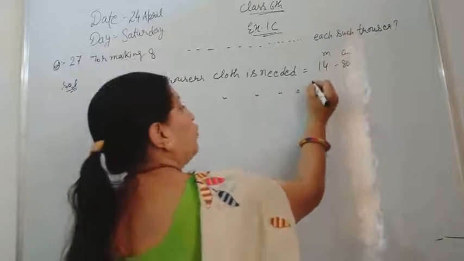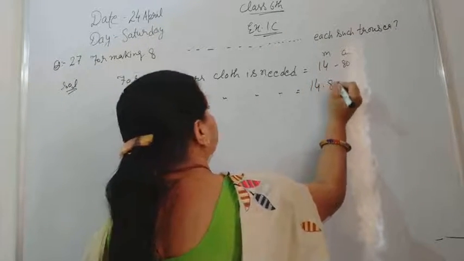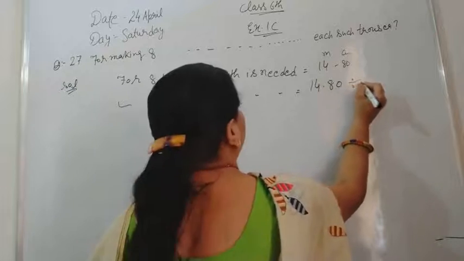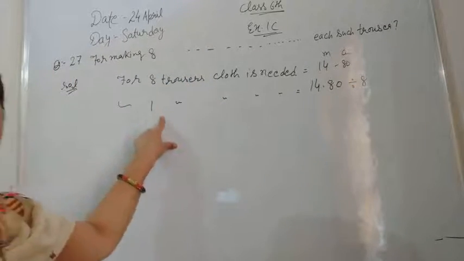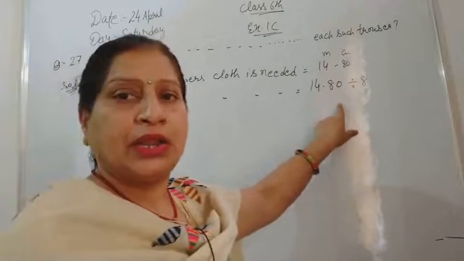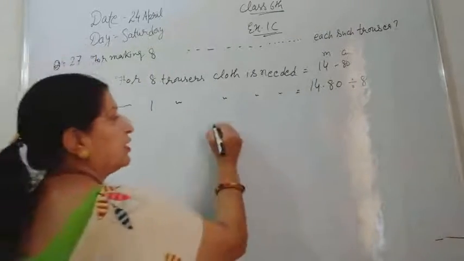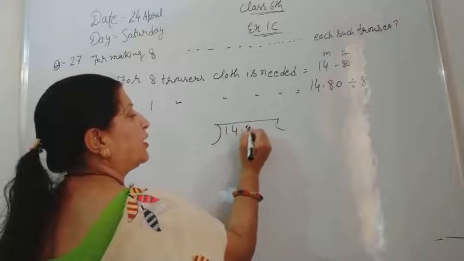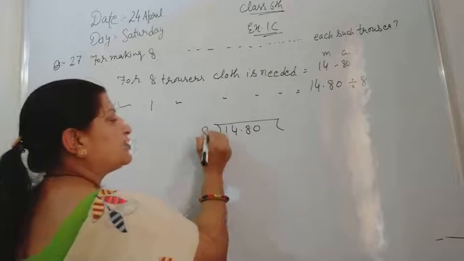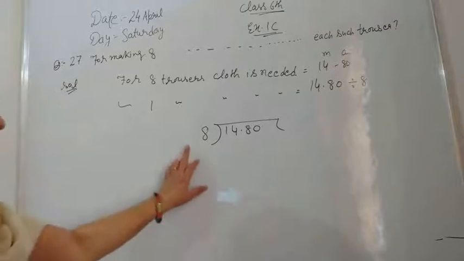So we write 14.80 divided by 8. 1 trouser की फाइंड आउट करनी है तो हम डिवाइड करेंगे. Okay, now we start to divide the number. This is 14.80 and we start to divide by 8.